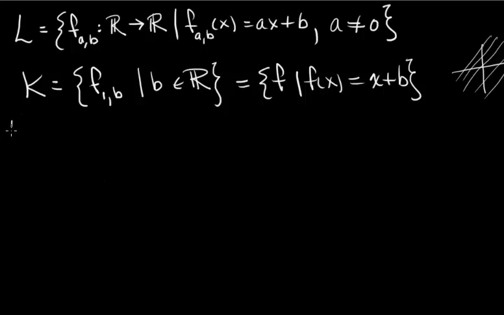And we're asked to show that L mod k is isomorphic to R star, the set of all non-zero real numbers under multiplication. So in other words, the factor group L mod k has the exact same algebraic characteristics that R star does.